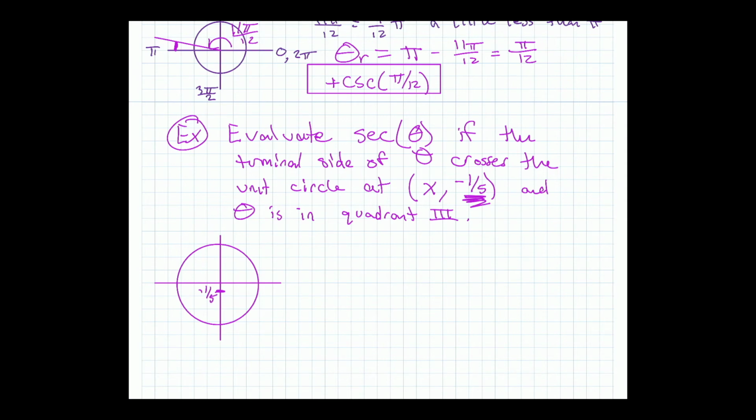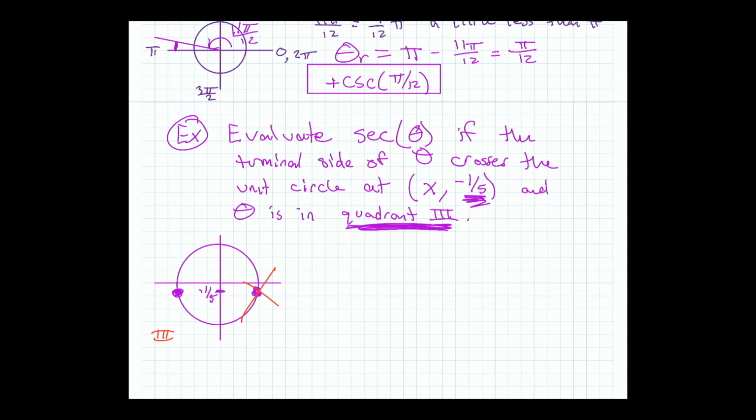But there's going to be two different places where that happens. One over here and one over here. So one on the left and one on the right. But I told you we're in quadrant 3. So we do not want this one because that's not in quadrant 3. Quadrant 3 is over here. Okay? So we need to just find the x and the y coordinates of that point.